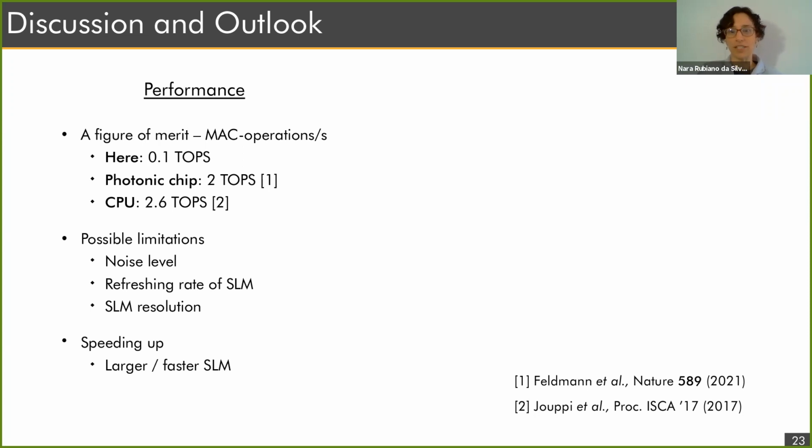It's not only limited in one side, but there are also very nice possibilities to speeding up our scheme, as I said before, just by taking larger and faster SLMs, but also because we can split these matrices and vectors if they are larger than our SLM screen, for instance, and we can compute the realizations vector for each of these parts in parallel by simply splitting the whole matrix mask in different SLMs and doing these operations in parallel.